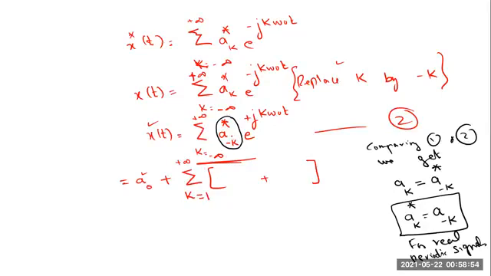But what I can do? I can say ak e to the power j k omega naught t. And second term, I will say a minus k e to the power minus j k omega naught t.